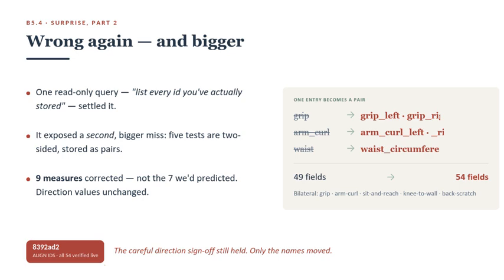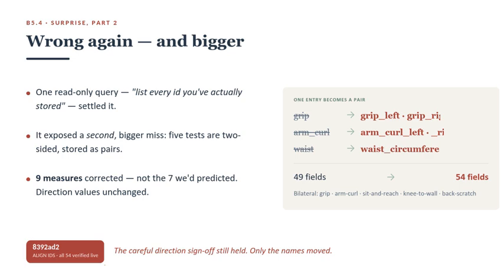Five of the tests, like grip strength, arm curl, and sit and reach, are two-sided. You do a left and a right, and they're saved as two separate things, not one. The registry had them as a single test, so the real fix was nine tests, not four.